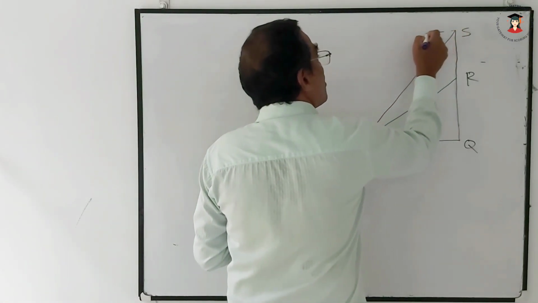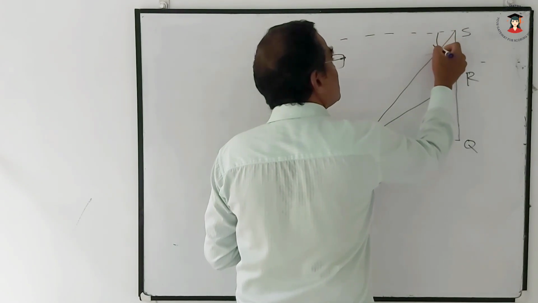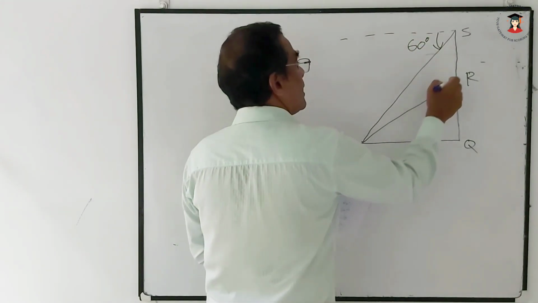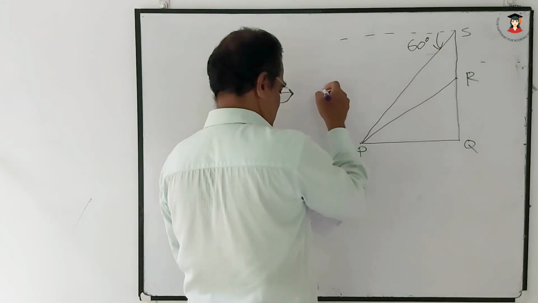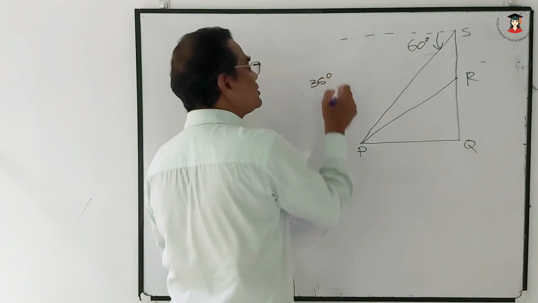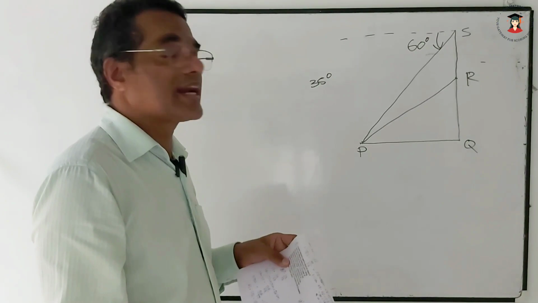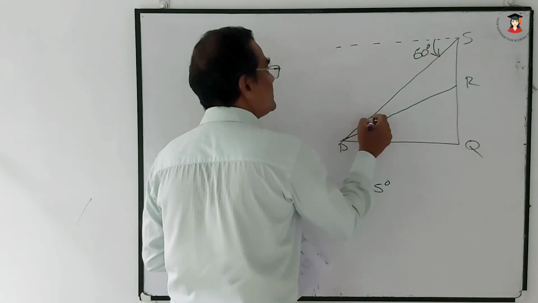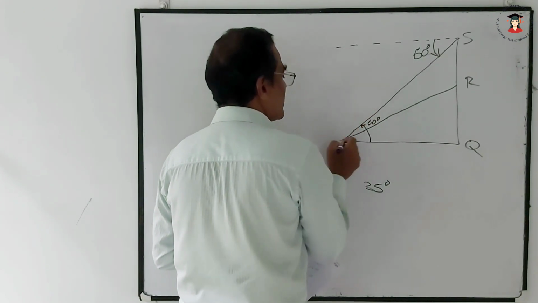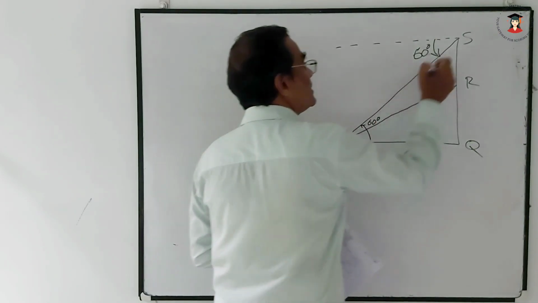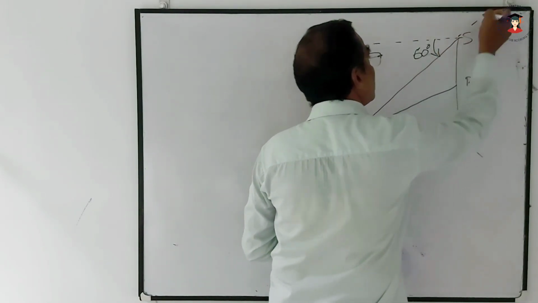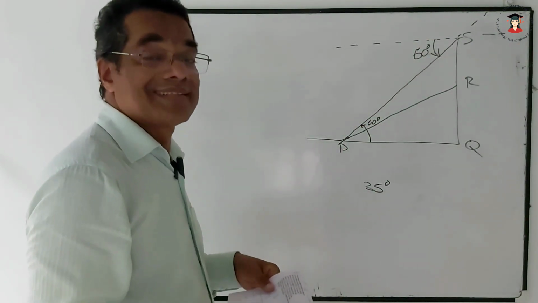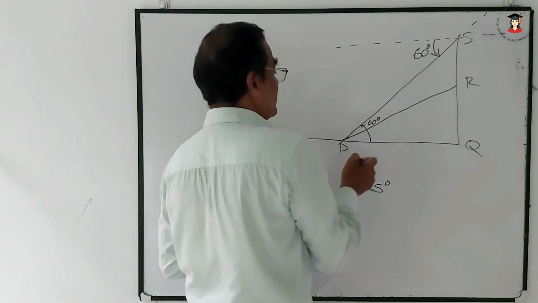So from this point, the angle of depression is given as how much? It is given as 60 degrees. At this point, the angle of depression is given as 35 degrees, but it is not shown in the figure. So how will we write? This angle is 60 degrees again, because if you extend like this, those angles are alternate angles. So this is 60 degrees.